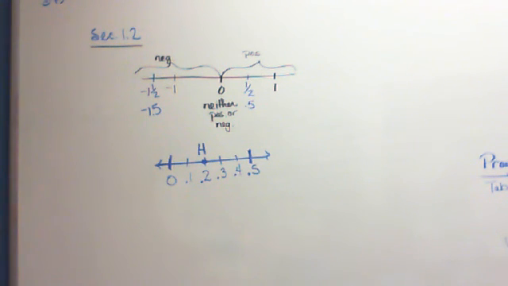Negative 1.2. D is negative 0.8. L is a positive 1.2, and N must be a positive 1.6.